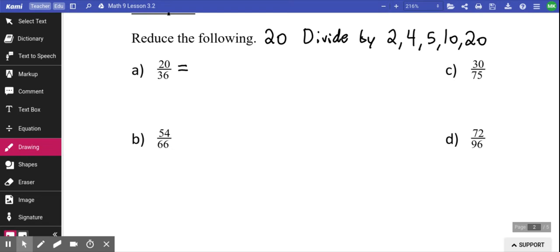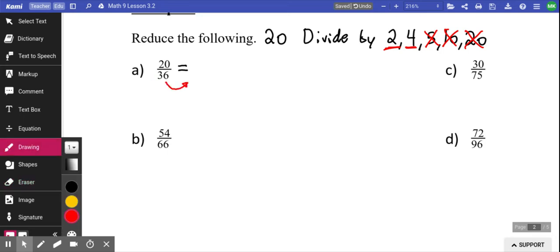Now that I have that list of things that can divide into 20, I'm going to try to find the biggest one that can divide into 36. 2 divides into 36. 4 divides into 36. 5 does not. 10 does not. 20 does not. The biggest one that divides in is 4. So the best way to do this question, or the quickest way, would be to divide the top and the bottom by 4.